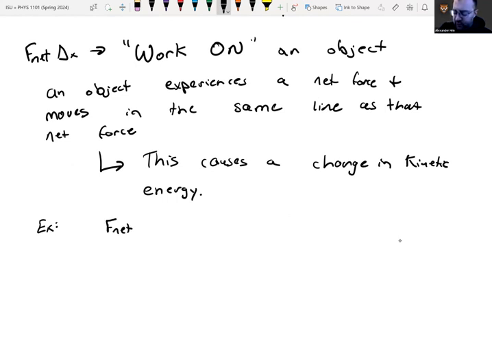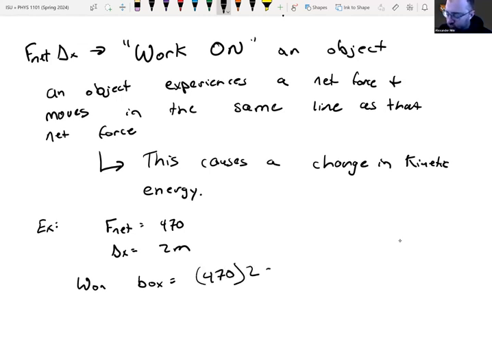The F net was equal to 470 newtons. The delta X was equal to 2 meters. So the work on the box was then equal to 470 times 2, which would be 940.